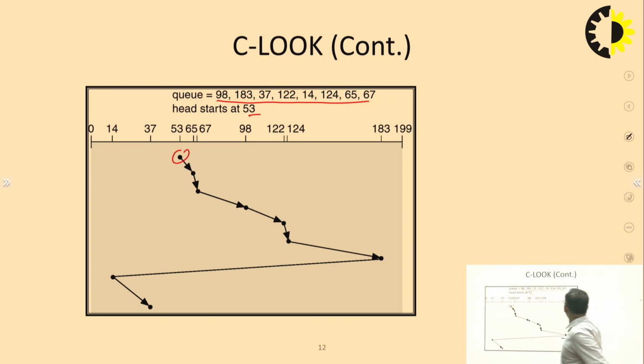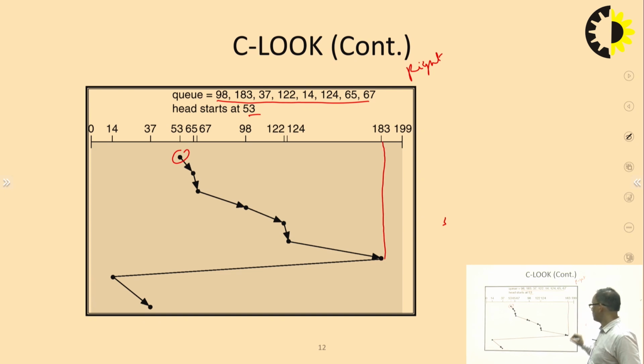Again, the read write head is moving in the right direction. Okay, so in whichever direction the read write head is moving, it will service all the requests coming in the path, and it will stop when the last input output request is serviced. Okay, it will not go to the end. This is the difference between C-SCAN and C-LOOK.